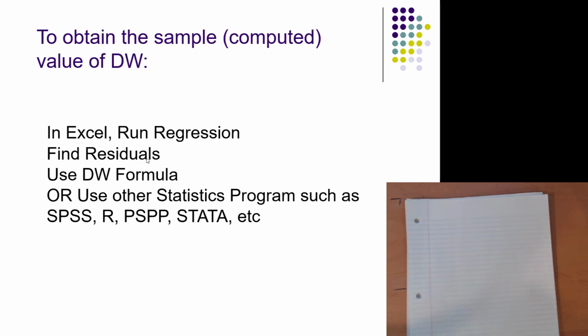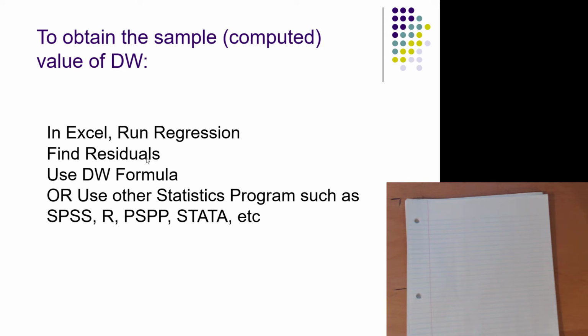Okay, so in theory, if you were to do this in Excel, you'd run the regression, find the residuals, and plug them into that Durbin-Watson formula. With Excel, it's not so bad because you can set it up to do that grunt calculation for us. Additionally, you could use another statistics program such as SPSS or PSPP, which is an open source version of SPSS.